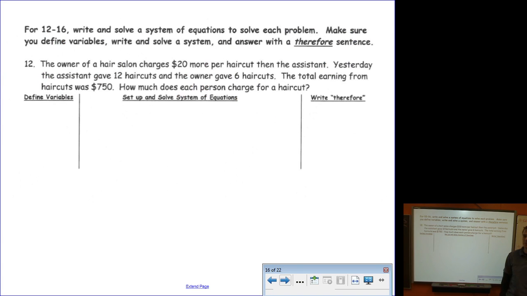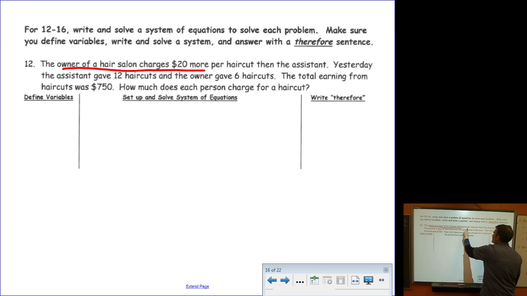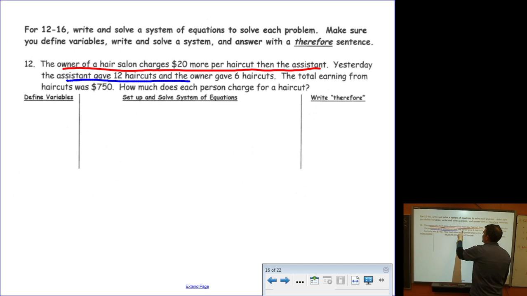That brings us to the story problems. All right. This first one says that the owner of a hair salon charges $20 more per haircut than the assistant. That's going to be one of our sentences, I think. Yesterday, the assistant gave 12 haircuts, and the owner gave 6 haircuts, and the total earnings was $750.